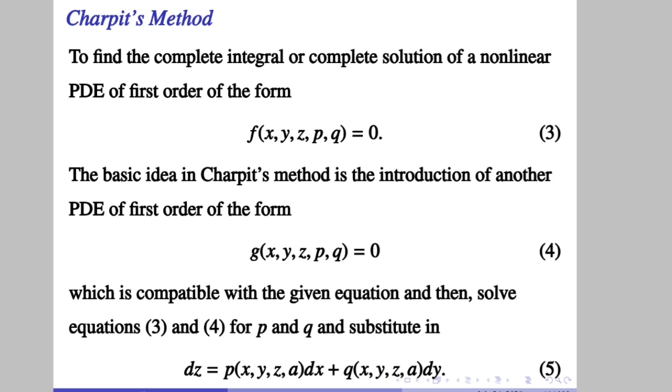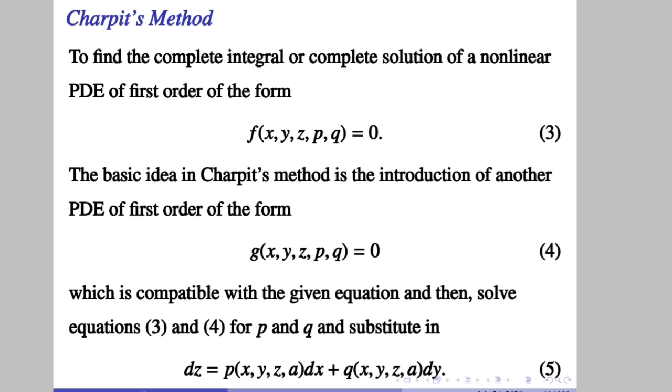The basic idea in Charpit's method is to introduce another PDE of the first order of the form g of x, y, z, p, q is equal to 0, which is compatible with the given equation. And then solving equations 3 and 4 for p and q, and substitute in dz is equal to p dx plus q dy.